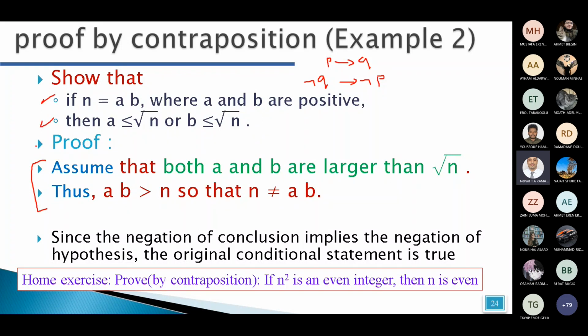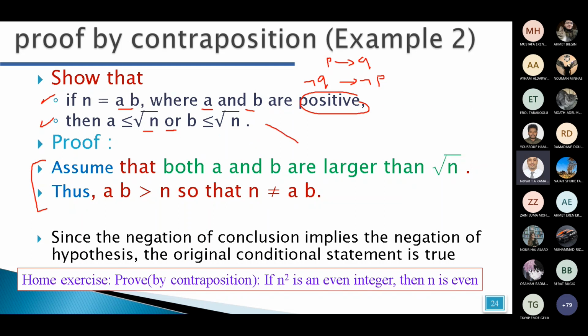The assumption said if n equals a multiplied by b, where a and b are positive, then a is less than or equal to root n, or b is less than or equal to root n.